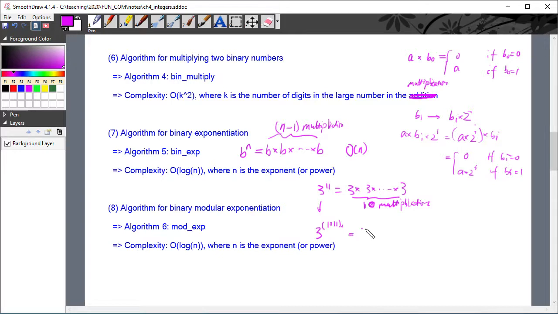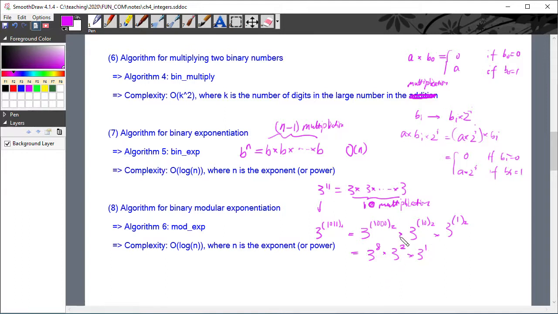It could be represented by 3 to the power of 1, 0, 0, 0 binary times 3 to the power of 1, 0 binary times 3 to the power of 1. So the corresponding decimal form will be 3 to the power of 8 times 3 to the power of 2 times 3 to the power of 1.